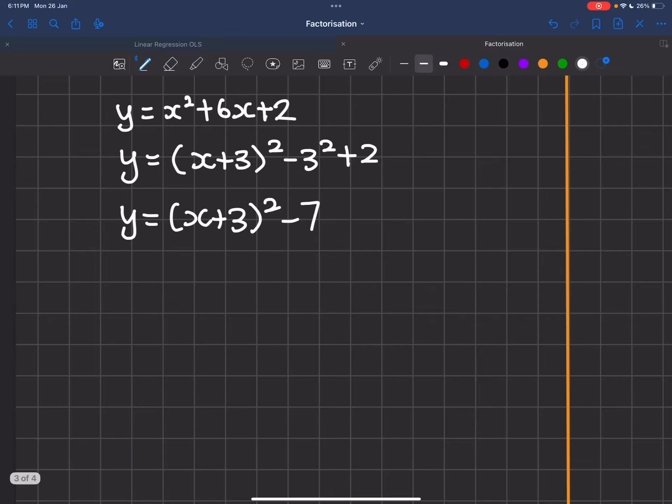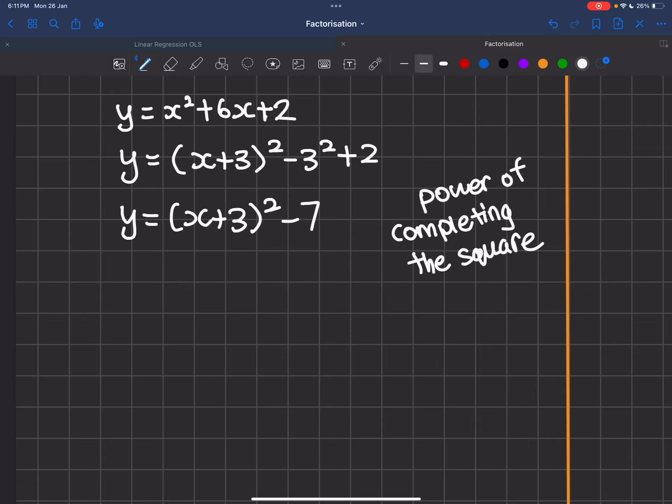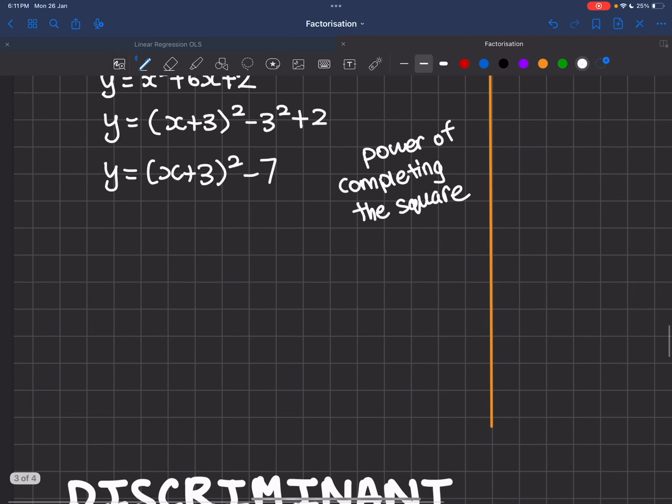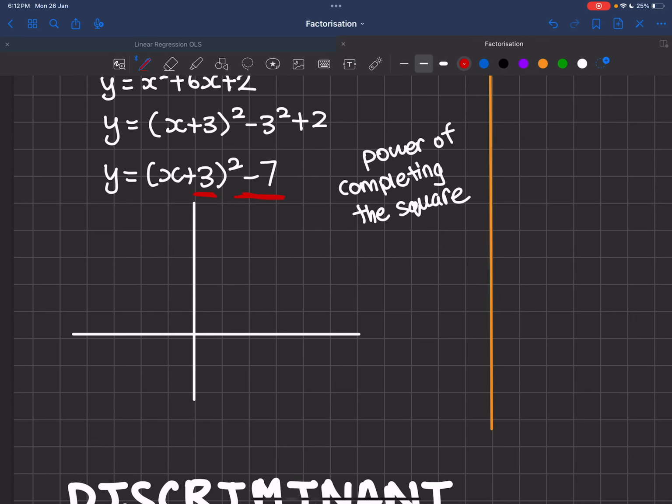This is the power of completing the square. Some questions will explicitly ask you to do this. So how do we graph this? Okay, this is something to memorize, but you can find the turning point by completing the square.